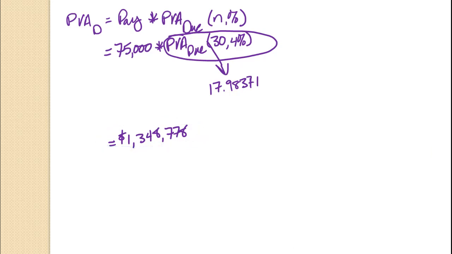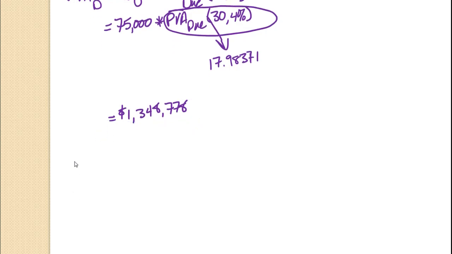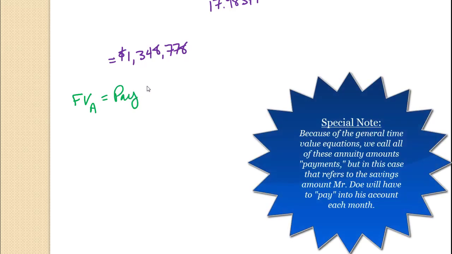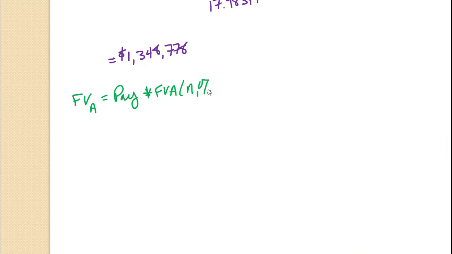So now we've got to get him there. We've got to help him save this 1,348,000. So in this case, we've got a future value of an annuity, not an annuity due this time, just a regular annuity. We've got to make certain payments. We need the future value of an annuity factor in periods at a given percentage. So let's see, I know the future value of the annuity, I need it to be that much: 1,348,778.